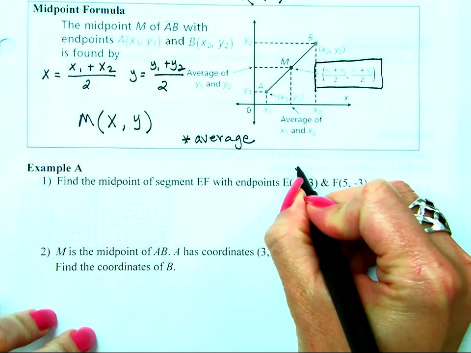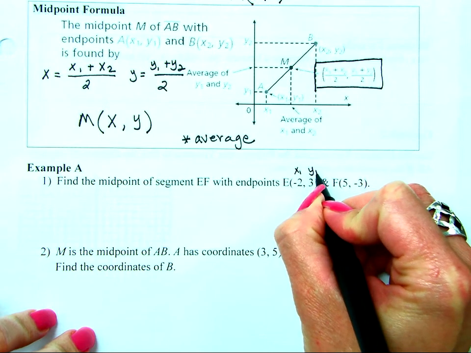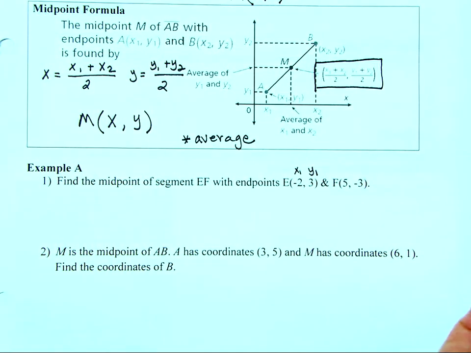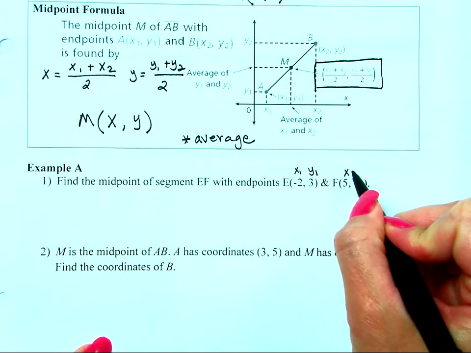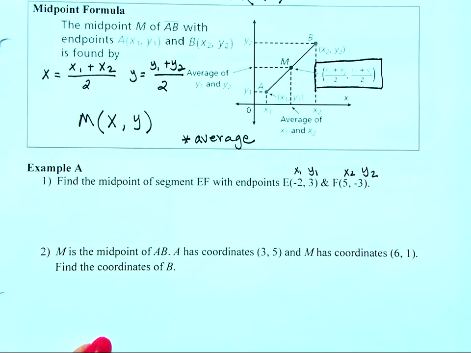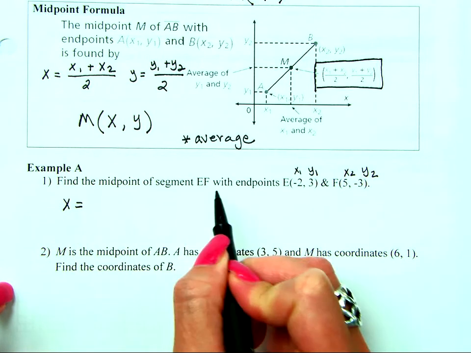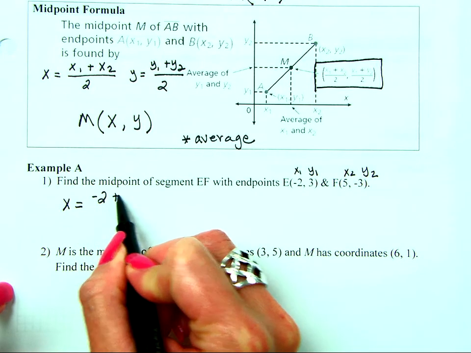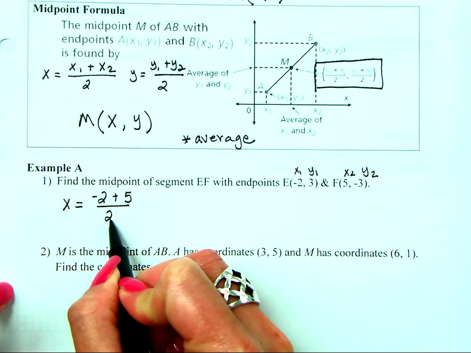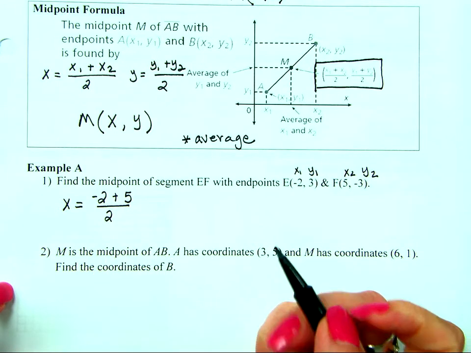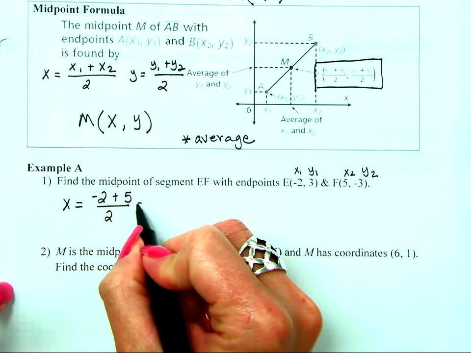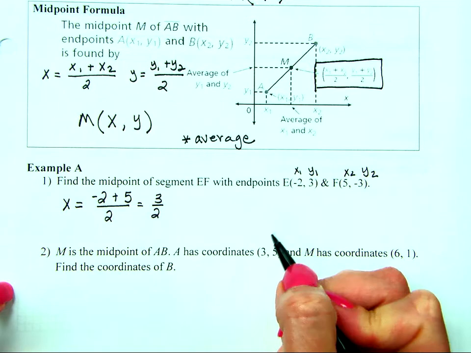This is going to be my x1 and my y1, and F is going to be my x2 and my y2. So the first thing I'm going to do is find my x-coordinate, averaging my x's. I'm going to take -2 plus 5 and divide by 2. I can see I'm going to have 3/2.